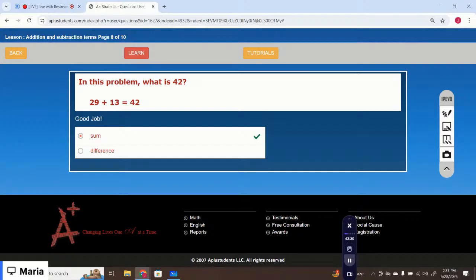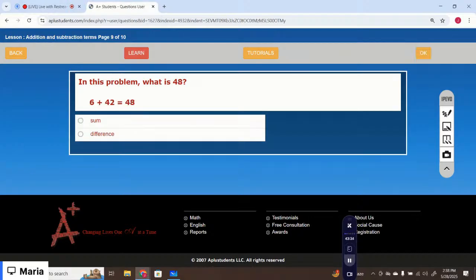Option number 1 is the correct option. In this problem, what is 48? 48 is the sum.